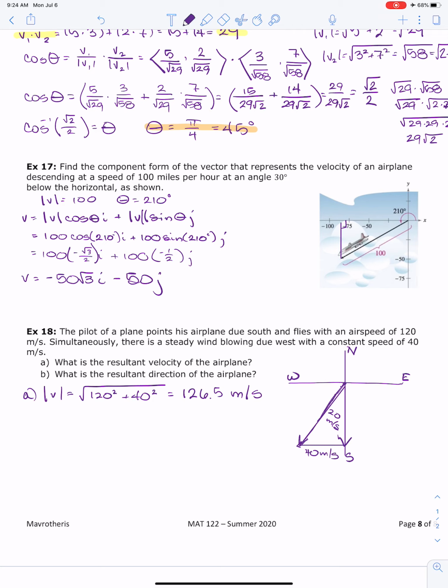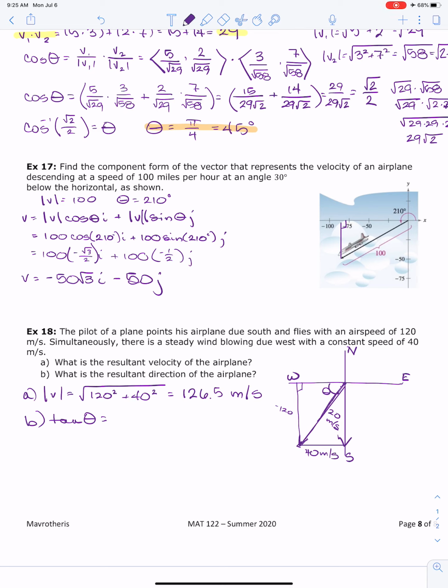Okay, and so now we want the resultant direction. And so we've got tangent of theta equals, so quick reminder, whenever we're talking about these triangles, that theta has to be made with the x-axis.